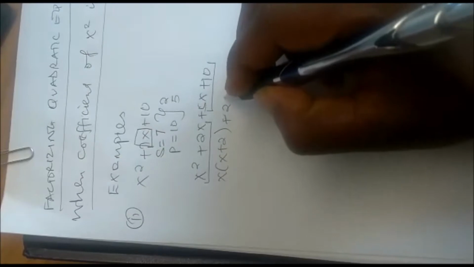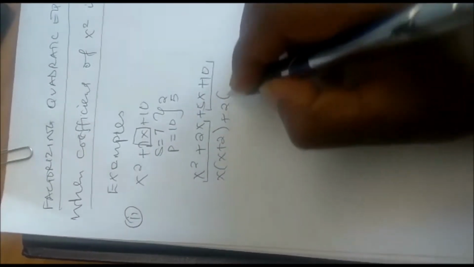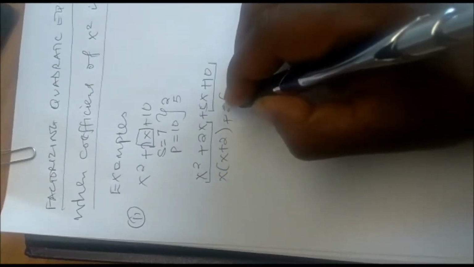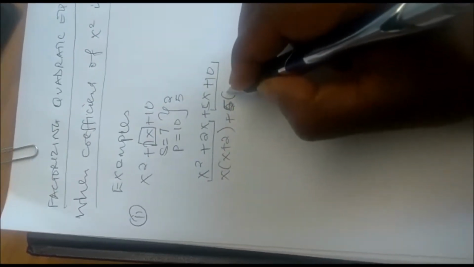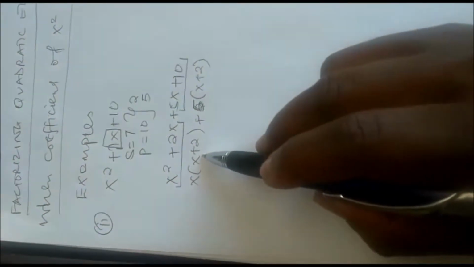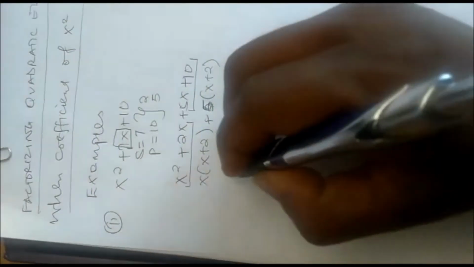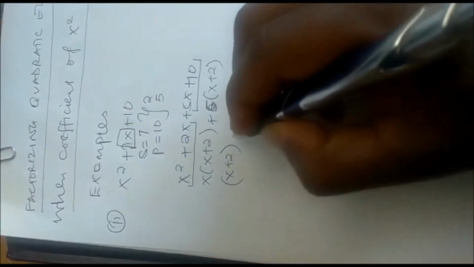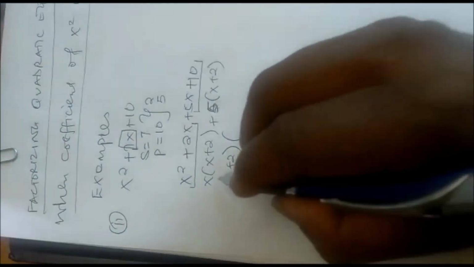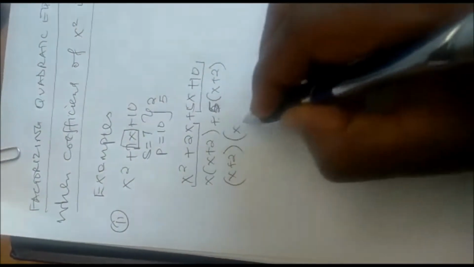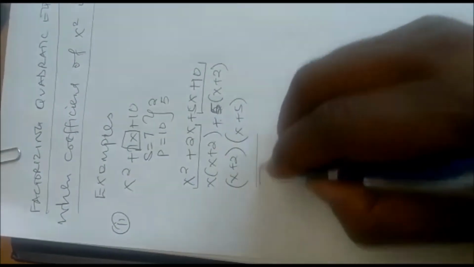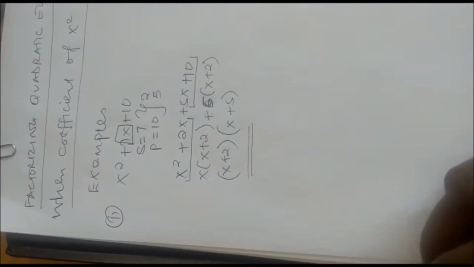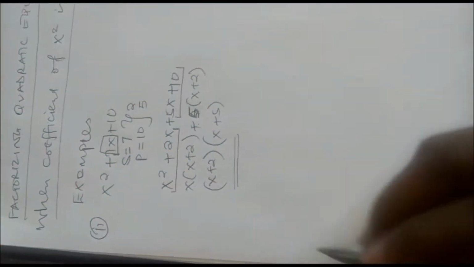We realize that here it is 5 that is common, so we will have 5 into x plus 2. You realize that this bracket and this one are the same. So we factor it out, and then it will be multiplied by x and this 5 that is out here. So this gives us the factors of this quadratic expression.